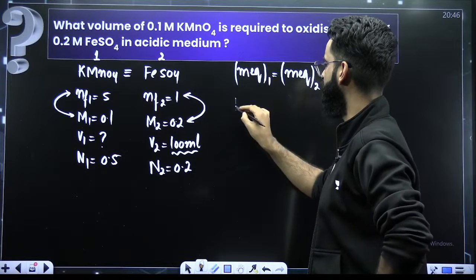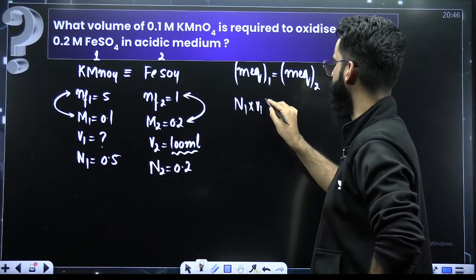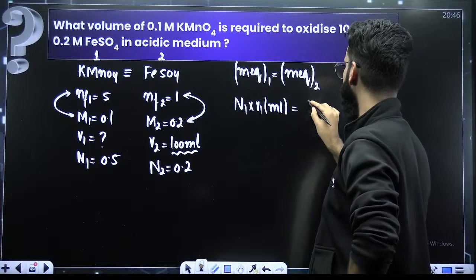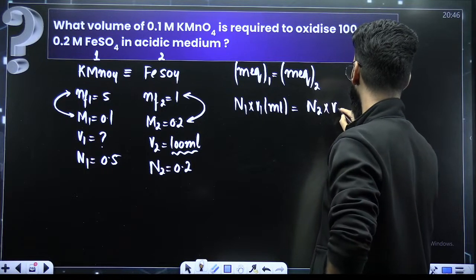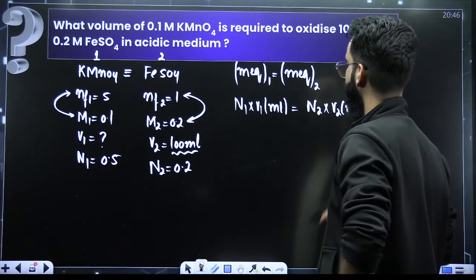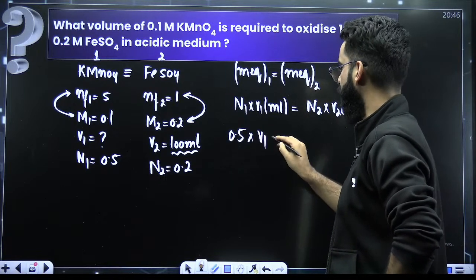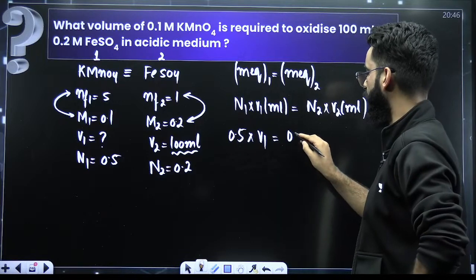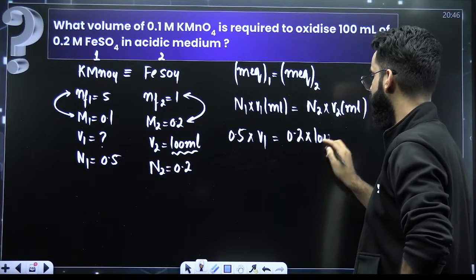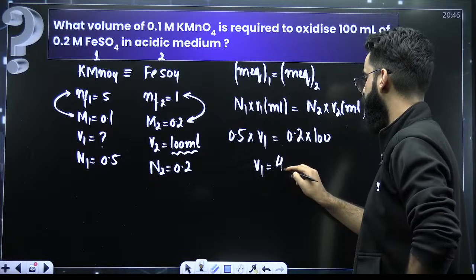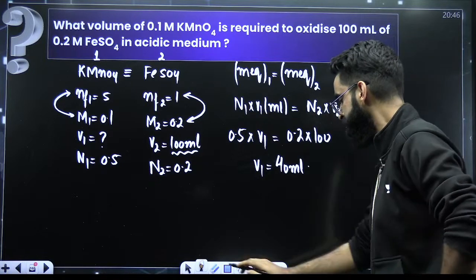Milli equivalence of first will be N1 multiplied by V1 in ml, and milli equivalence of second is N2 multiplied by V2 in ml. Now, N1 value is 0.5. V1 value is to be calculated. N2 value is 0.2. V2 is 100. So V1 comes out to be 40 ml.